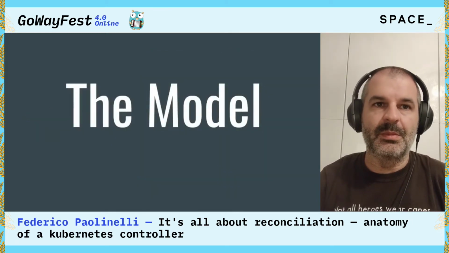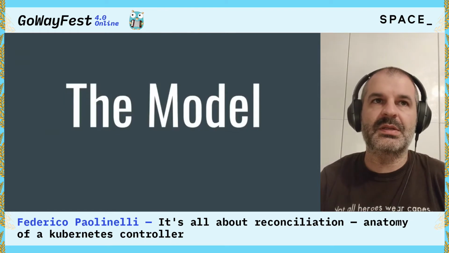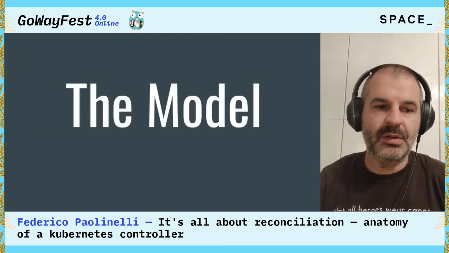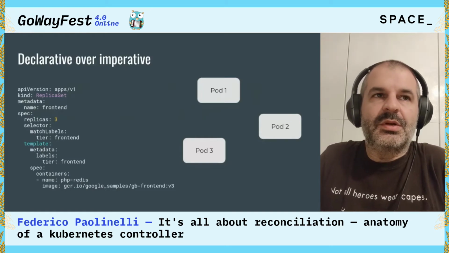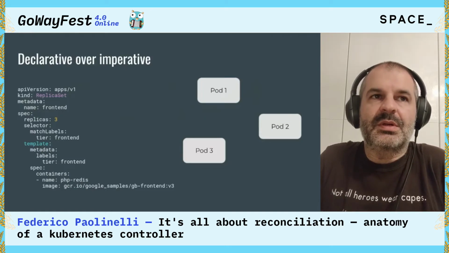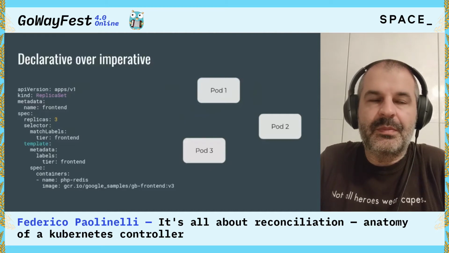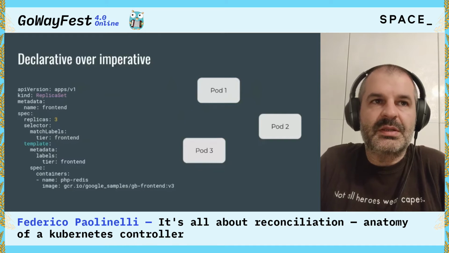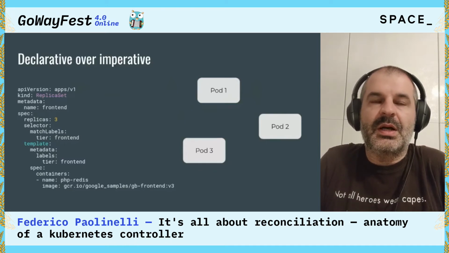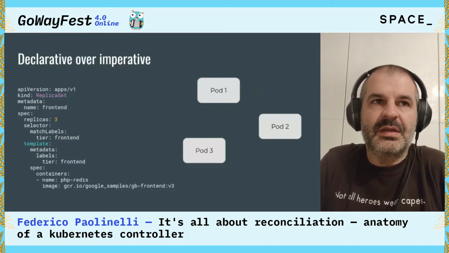Starting with the model, how it works. The first thing we should know is that Kubernetes works in a declarative way, meaning that you don't send commands to the cluster. What you do is to ask the cluster to reach a given state.